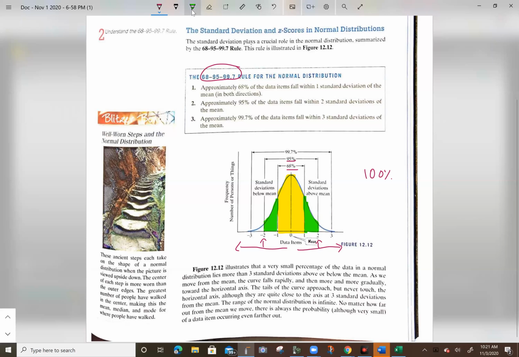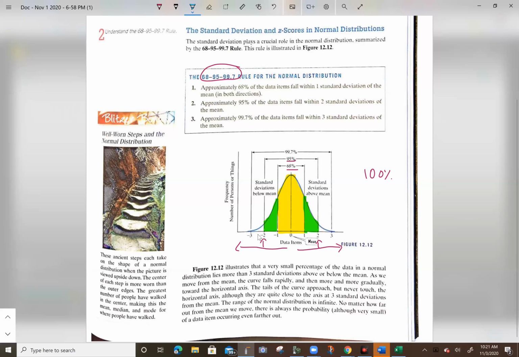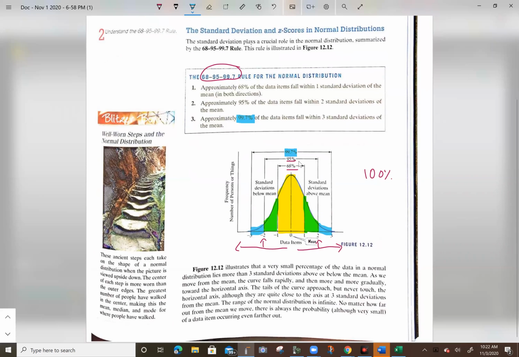And then finally, this rule says that 99.7%, so almost all of the students, will fall between +3 and -3. So the 99.7% is all of the yellow, all of the green, and all of the blue. The 95% is just the yellow and the green, and the 68% is just the yellow. Okay. So mark this. This is page 809, and it has our rule.